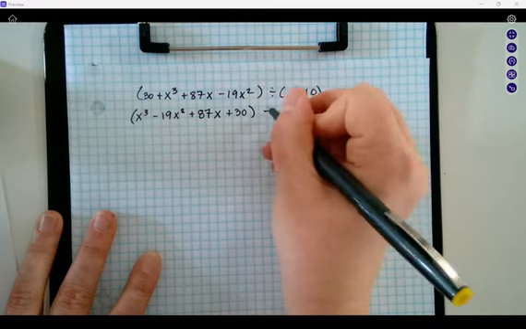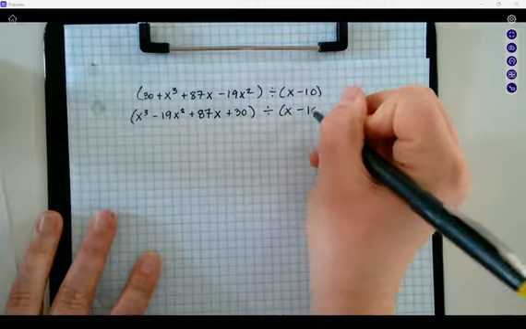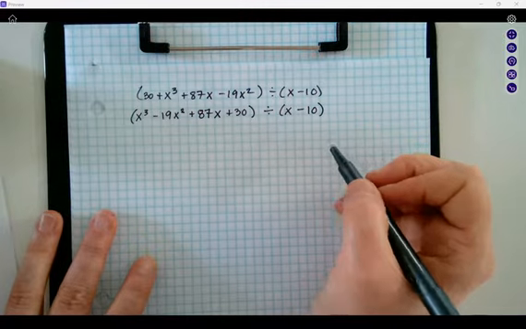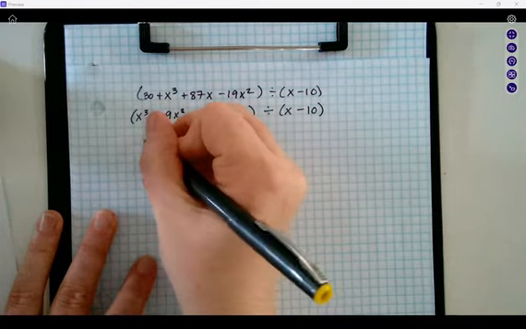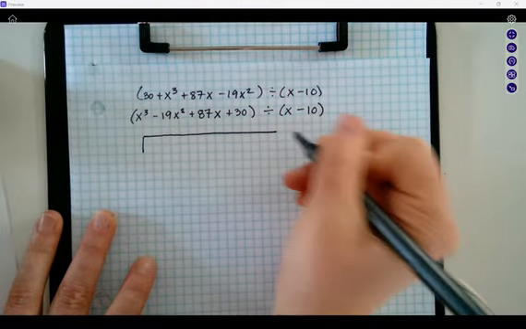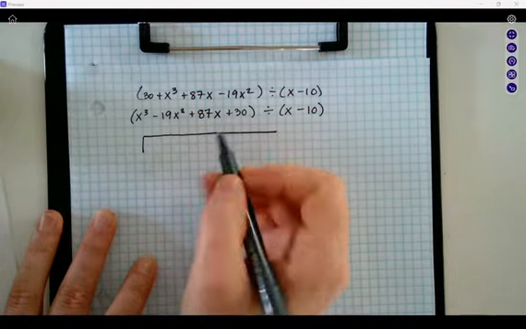Okay, that's going to be divided by, my divisor is already in appropriate order. So it's got the descending degrees. I've got my variable first, then my constant. Now we're ready to go ahead and divide. So I'm going to draw that long division box. I'm going to put that dividend under the box.